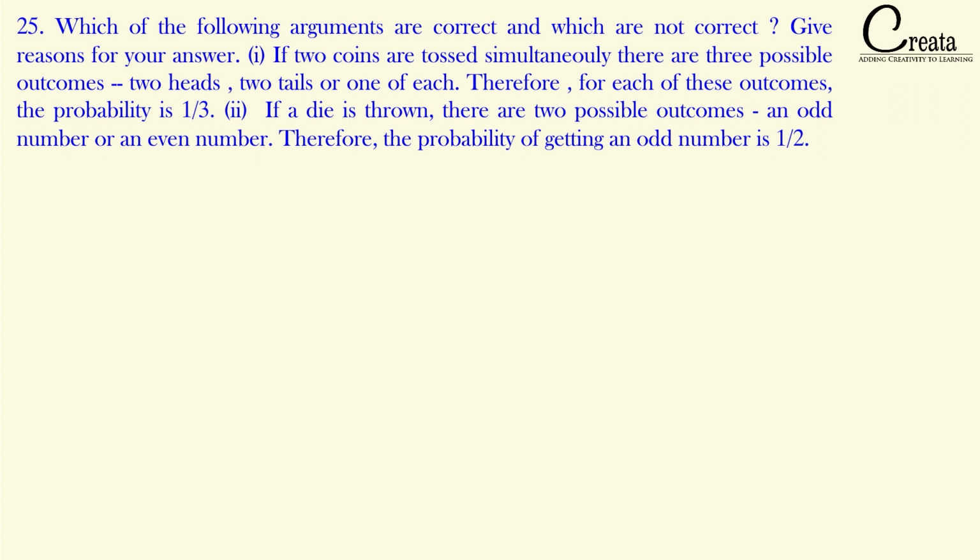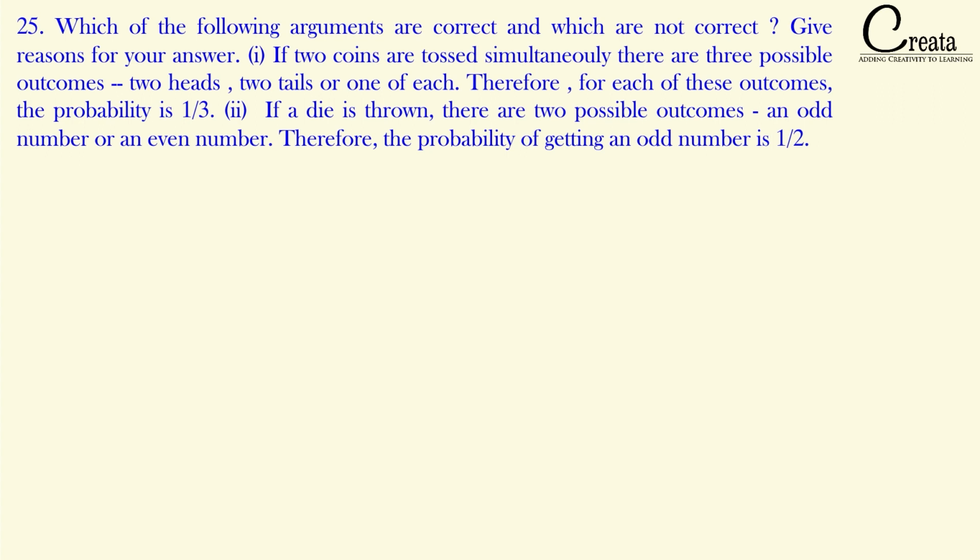Question number 25. Which of the following arguments are correct and which are not? Give reason for your answer. First, if 2 coins are tossed simultaneously, there are 3 possible outcomes: 2 head, 2 tail, or 1 of each. Therefore, for each of these outcomes, the probability is 1 by 3.